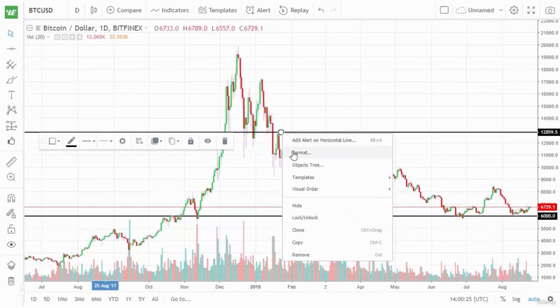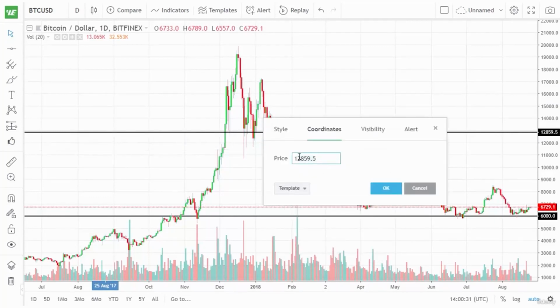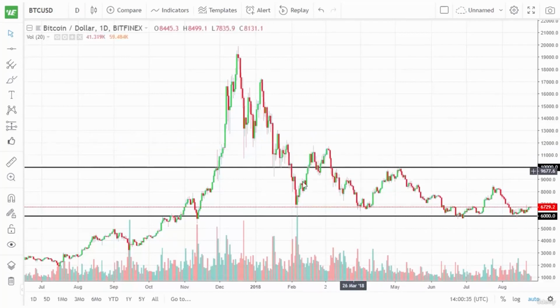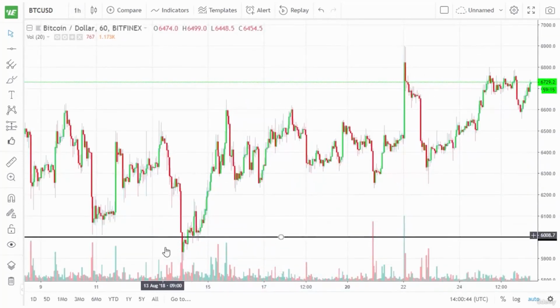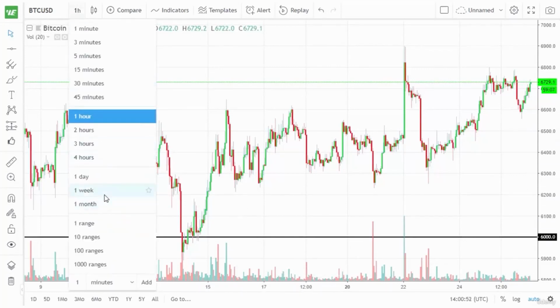An hourly support resistance area is going to exist on shorter time frames. But quite frankly, if you find these big levels and you trade from there, you can then drill down to a shorter time frame chart, and you can see that 6,000, the support on the hourly chart, was certainly a nice buy. That didn't change just because you changed time frames.